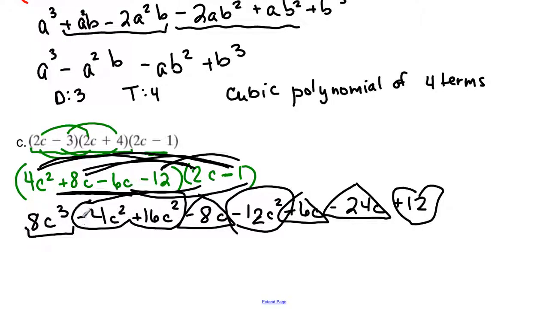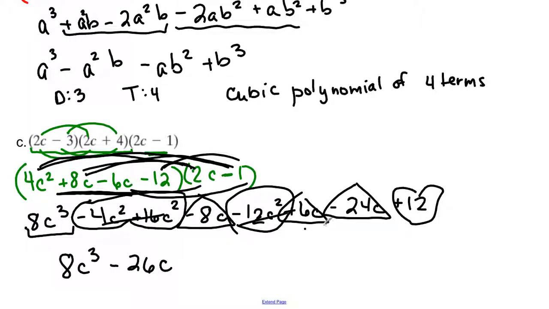Sorry about that. Okay, so that gives us 8c cubed. And then we have 12c squared minus 12c squared, so these actually cancel each other out. Negative 8c plus 6c gives us negative 2c. Negative 2c minus 24c is negative 26c.